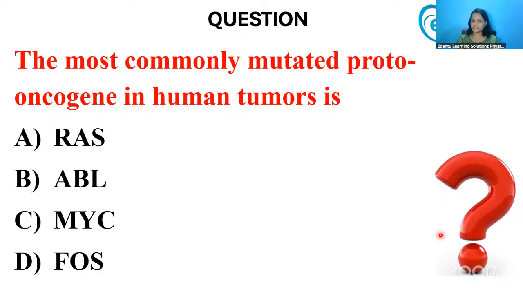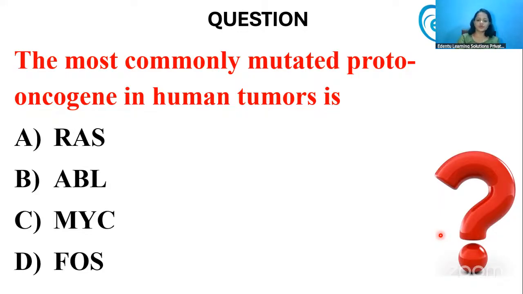But you should understand the basics, because questions are frequently asked from these topics for your PSC examinations. So today I'll discuss some of the basics related to genetics in tumor formation.